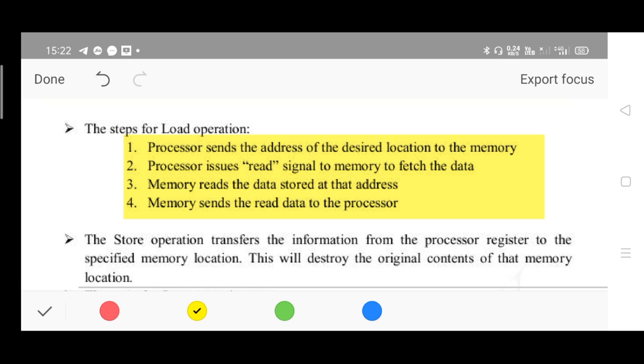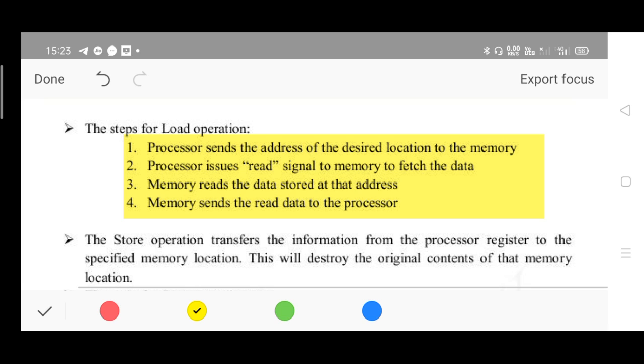Then it issues a read command or read signal to fetch the data which is to be read. Then memory reads the data stored at the address, and memory sends the read data to the processor. So these are the 4 steps involved to perform the read operation.